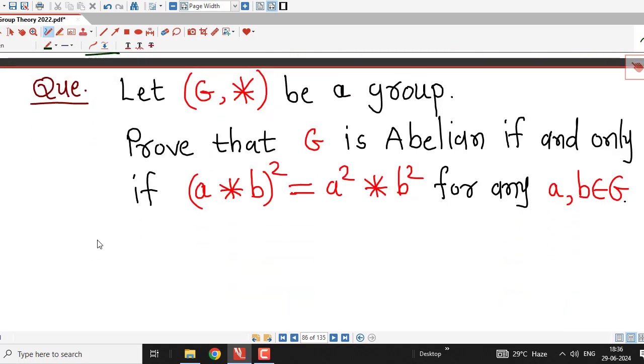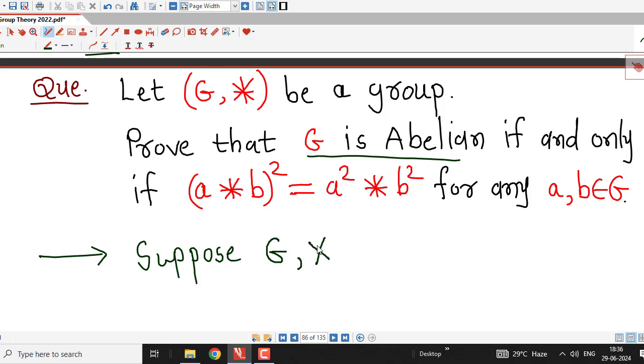So here I am proving in both directions. First I will assume that group G is abelian and I will prove this property. Then I will assume that this property is satisfied and I will prove that G is abelian.